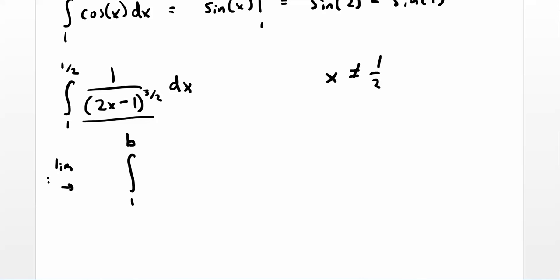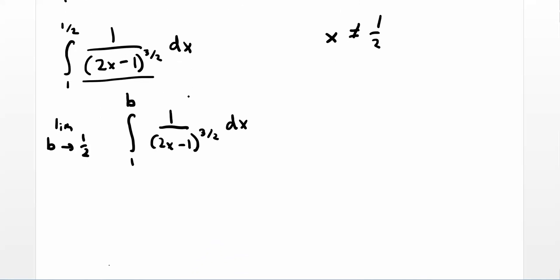So the limit as b goes to 1/2, and then we'll just rewrite the function. So it's the same exact problem. When b goes to 1/2, this upper bound becomes 1/2. But we have to treat it like a limit because we don't want to ever actually reach 1/2, or we'll be dividing by 0.